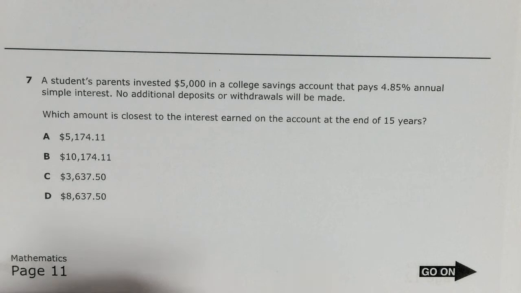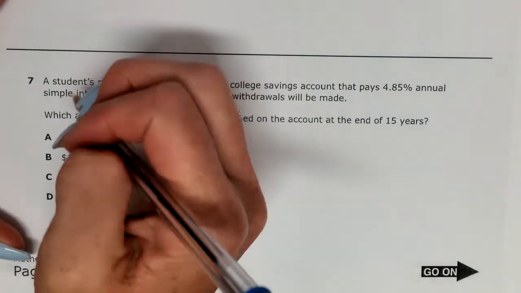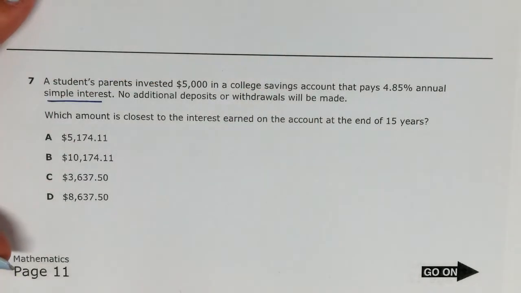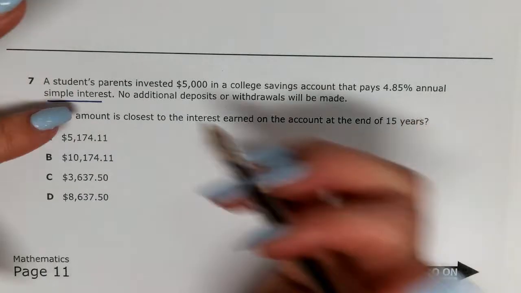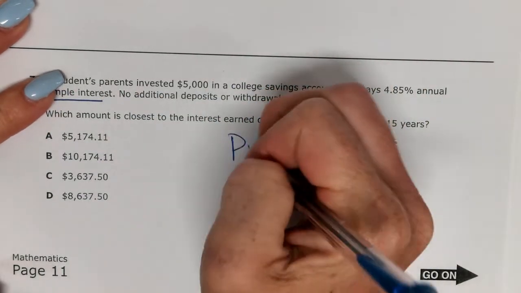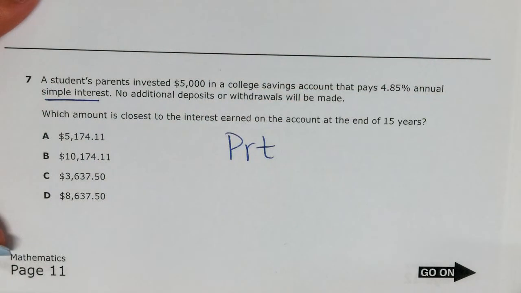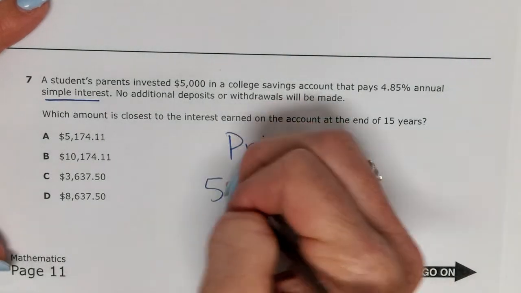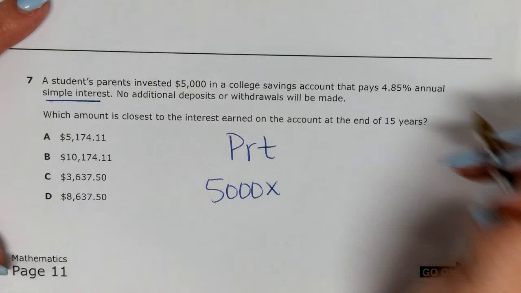A student's parents invest $5,000 in a college savings account that pays 4.85% simple interest. So what was your clue word? Which amount is closest to the interest earned at the end of 15 years? So I go get my simple interest formula, which is PRT. What's my P? So 5,000 times, what's my rate?